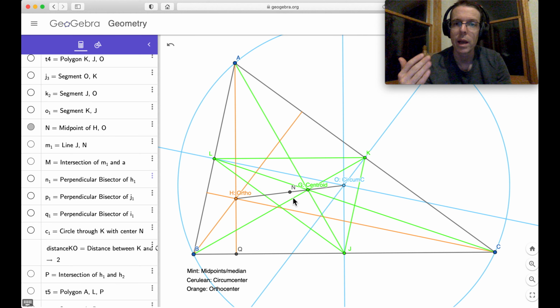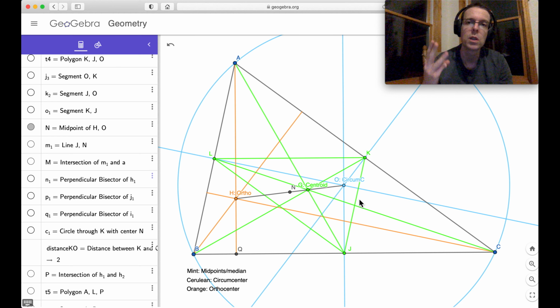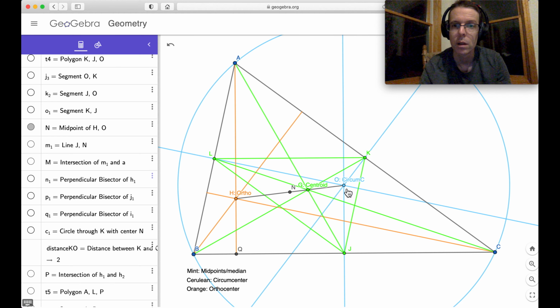Why? Because the Euler line insight that we had as it applies to ABC must also apply to the medial triangle JKL. So we know that these three points in relation to JKL, namely the orthocenter, the centroid, and the circumcenter of JKL, must lie on a line in that order. We furthermore know that the centroid of JKL is between the other two, and that the distance from the centroid to the circumcenter of JKL is exactly half of the distance between the centroid and the orthocenter of JKL.